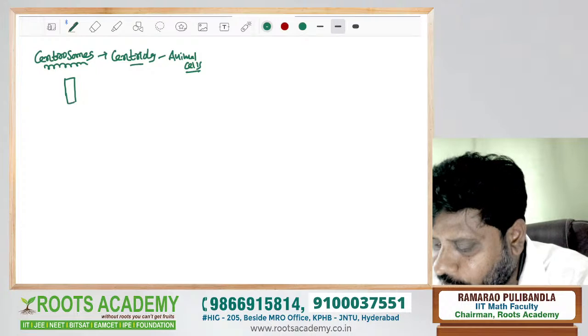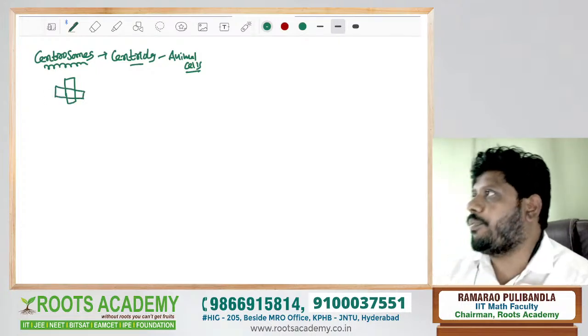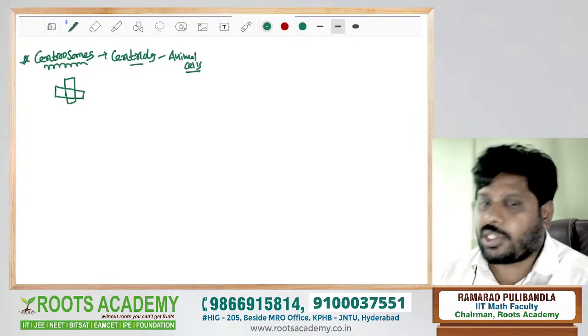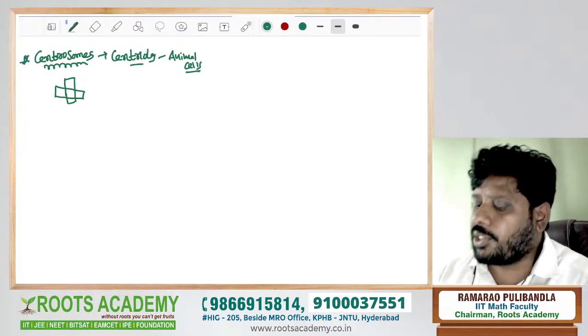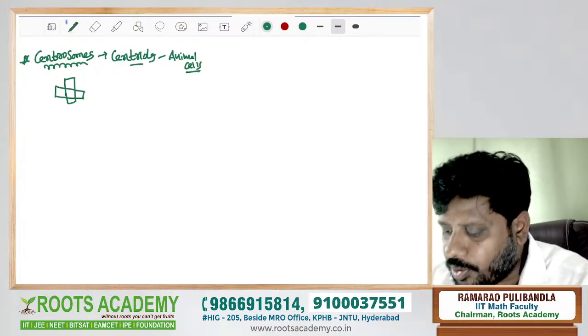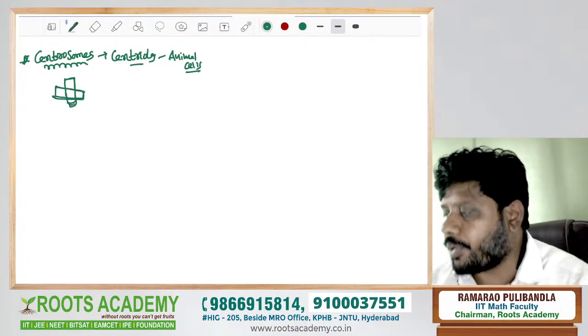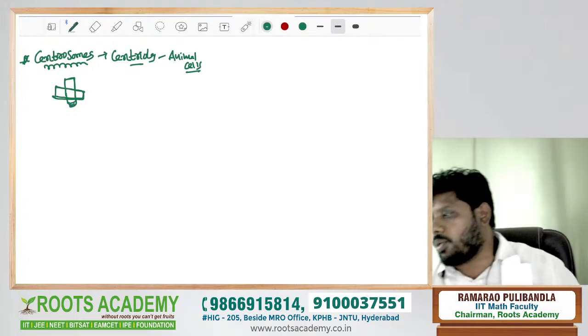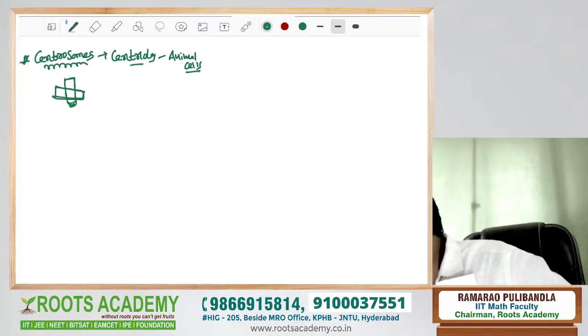See, this is one centriole and this is the other centriole. These 2 centrioles are perpendicular to each other. Total how many are present?